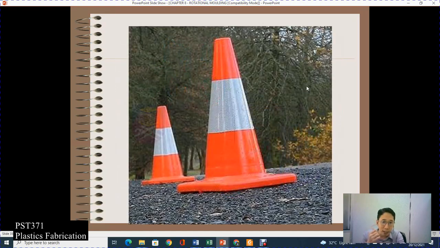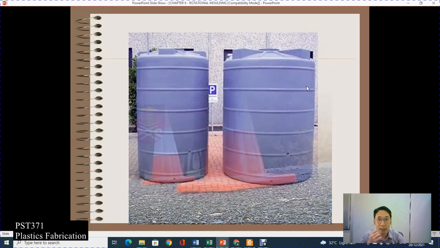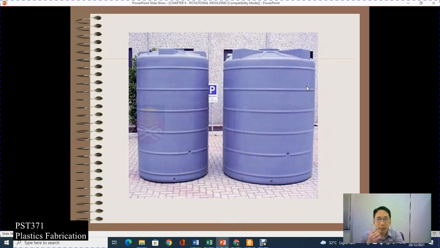The common product made using rotational molding is the cone itself. If you go to the streets, you encounter this cone. Although the cone size is slightly bigger, actually the weight is very lightweight because of the hollow part. This is the water tank and chemical tanks.